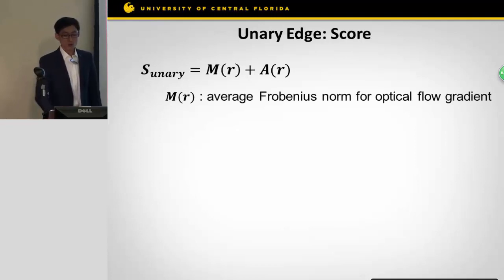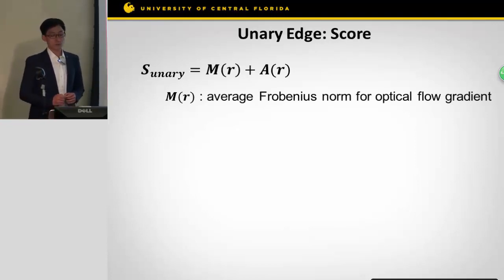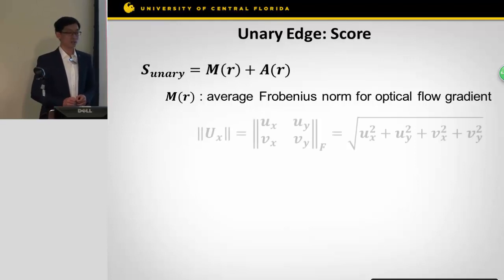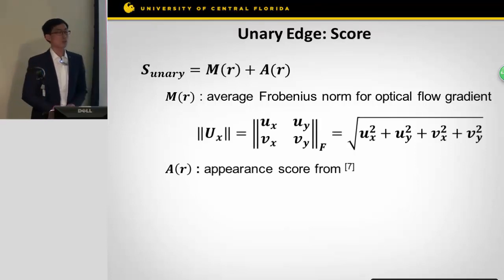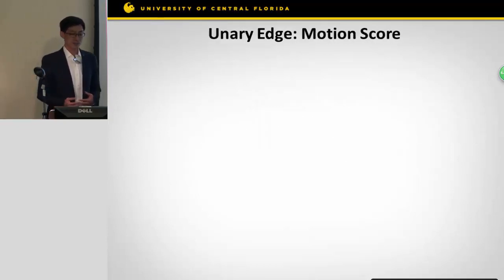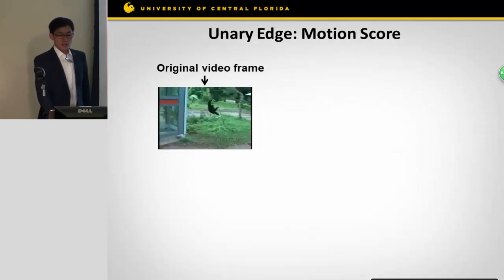For the motion score, we use the average Frobenius norm of the optical flow gradients, which has this equation. And for the appearance score, we're using the score from the object proposal methods. And here is the illustration of how we get the motion score.